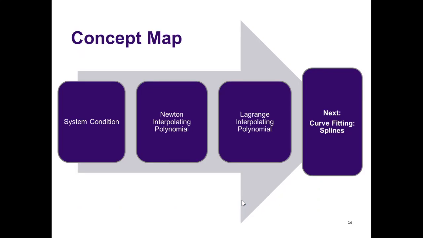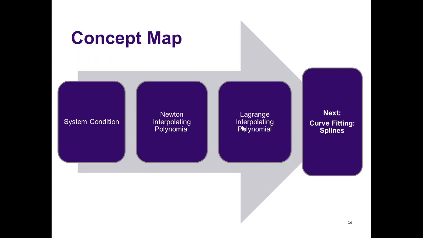So we learned about the system condition, Newton interpolating polynomial and Lagrange interpolating polynomial. In fact, when we have an ill-conditioned system, it means that the lines partially overlap each other. Then we can't go with the linear methods that we had before. So we would go with the Newton interpolating polynomial, the Lagrange polynomial.